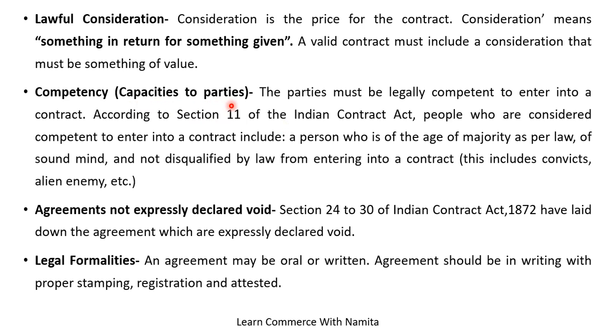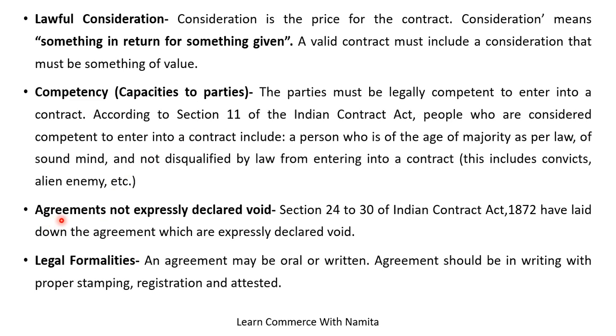So who are those people? The person who has completed the age of 18, meaning majority, then a sound mind, and a person who is not disqualified by law. They can enter into a contract.